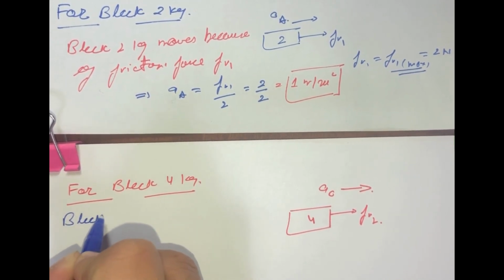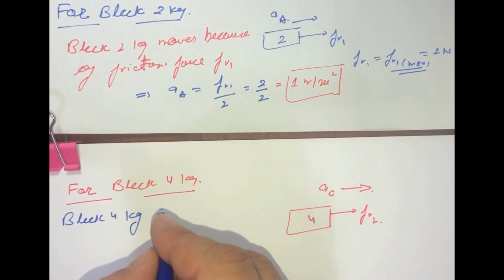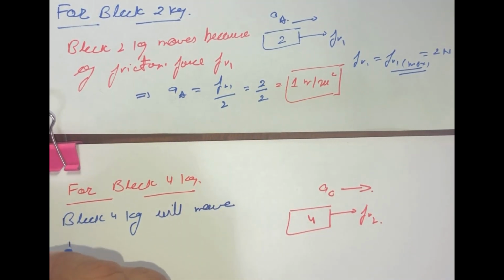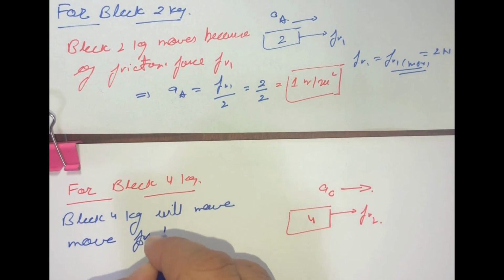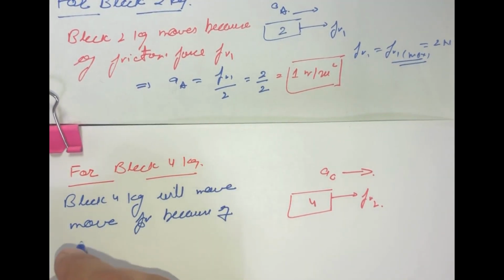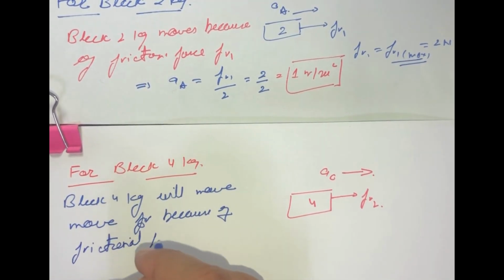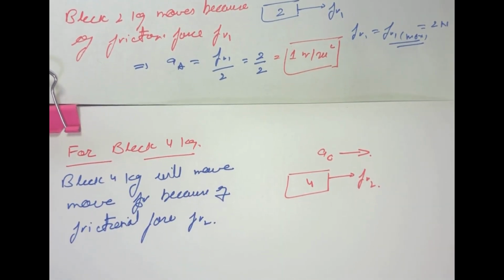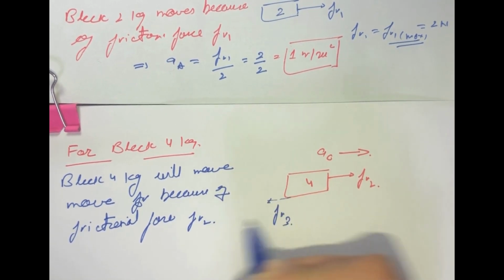You can see the 4 kg block will move because of the frictional force Fr2, and I forgot to mention here the frictional force Fr3 in the opposite direction.